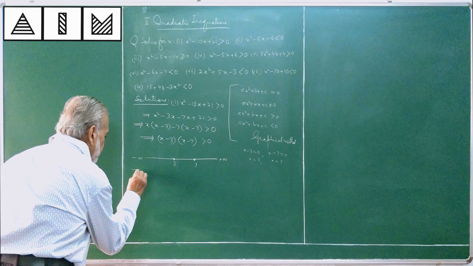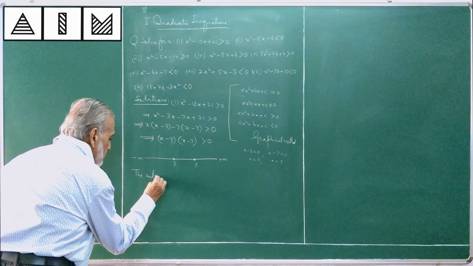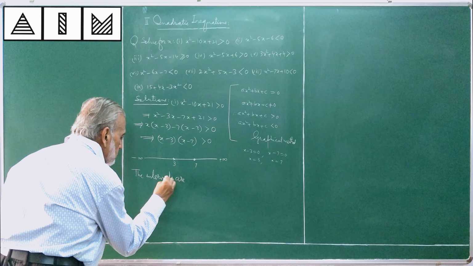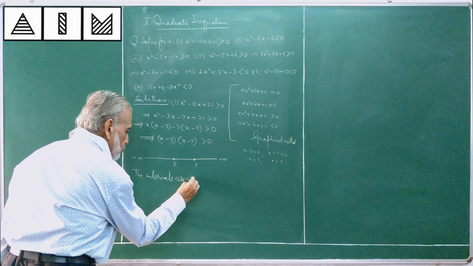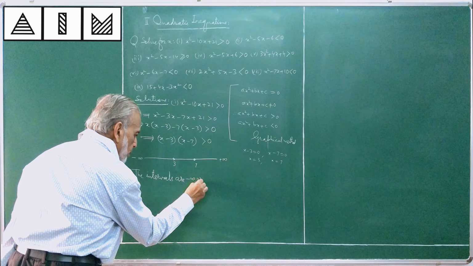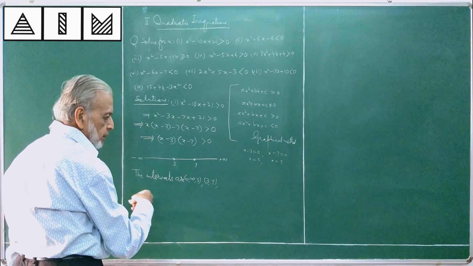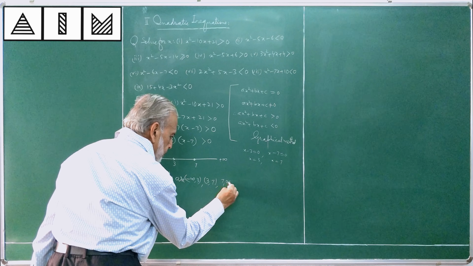Please see here, I am writing. Minus infinity to 3, first interval, 3 to 7, second interval, 7 to infinity, last interval.